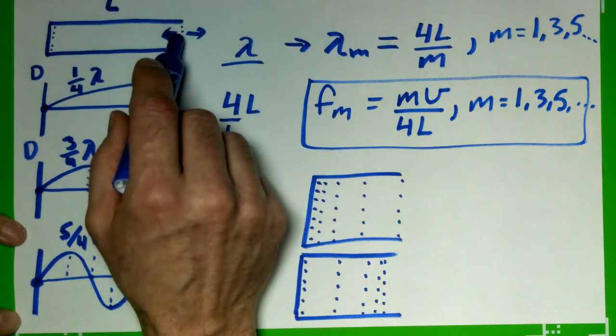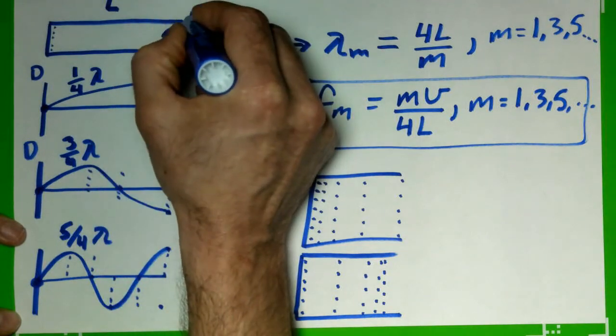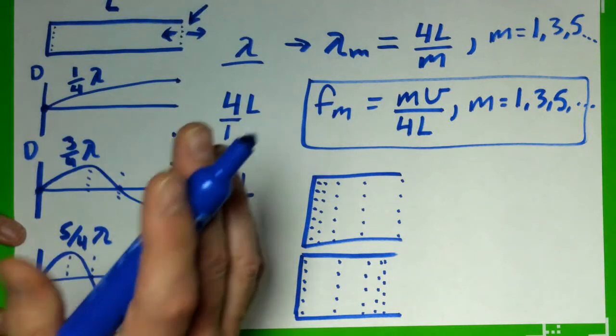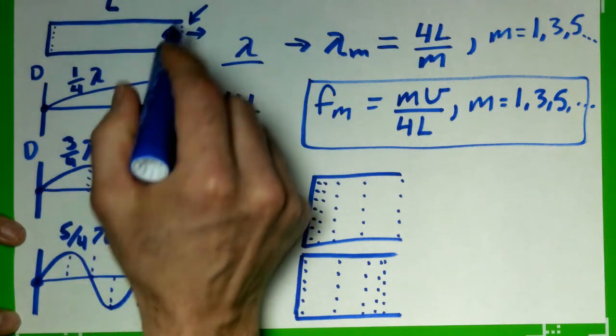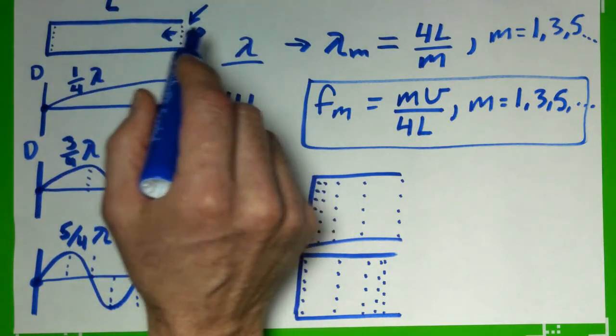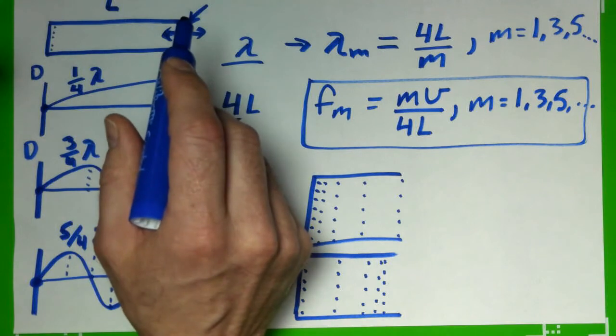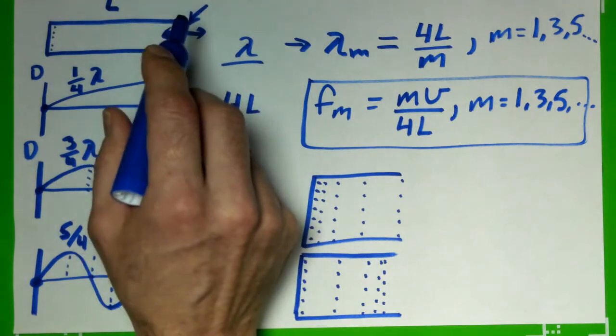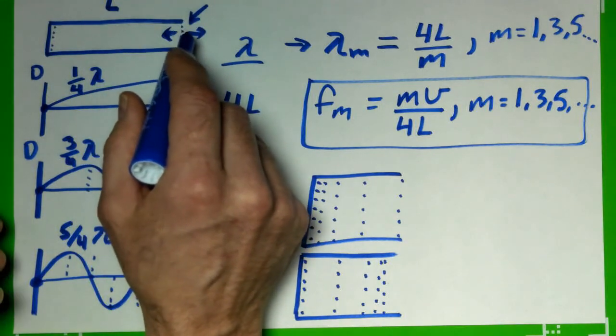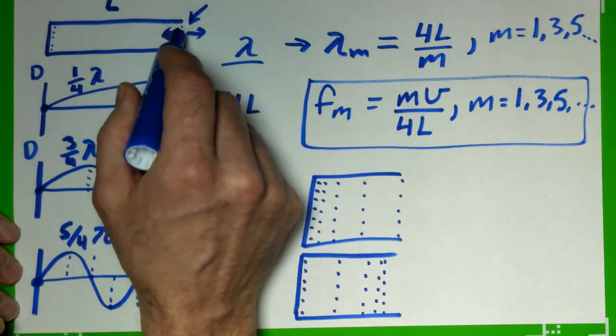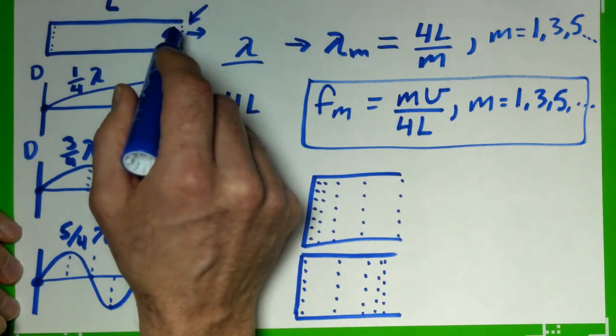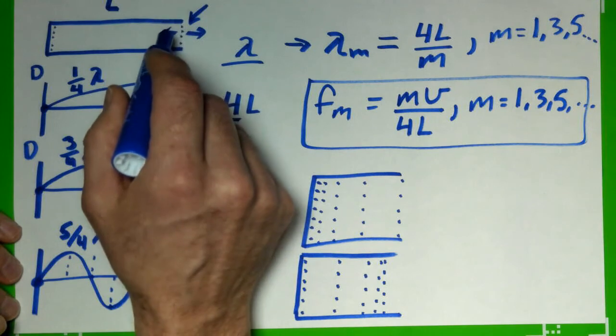Now over here, this is open to the atmosphere, and the atmosphere has a constant pressure. So these molecules can move freely, and there's no tendency left or right, because the air pressure is the same. And so this point right here is a pressure node. The pressure can't change there.